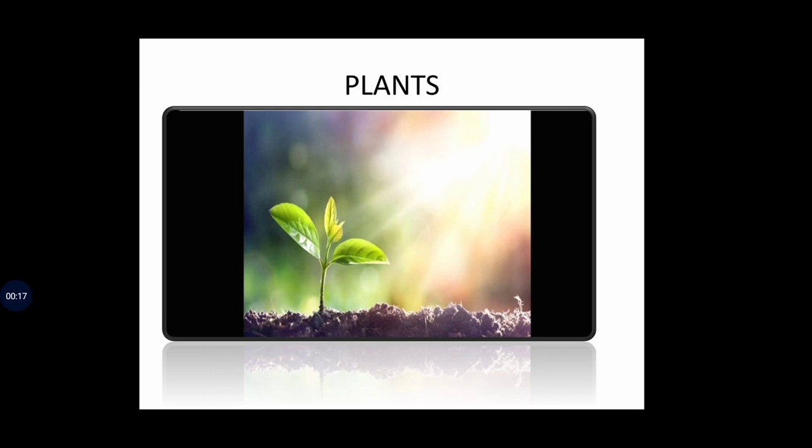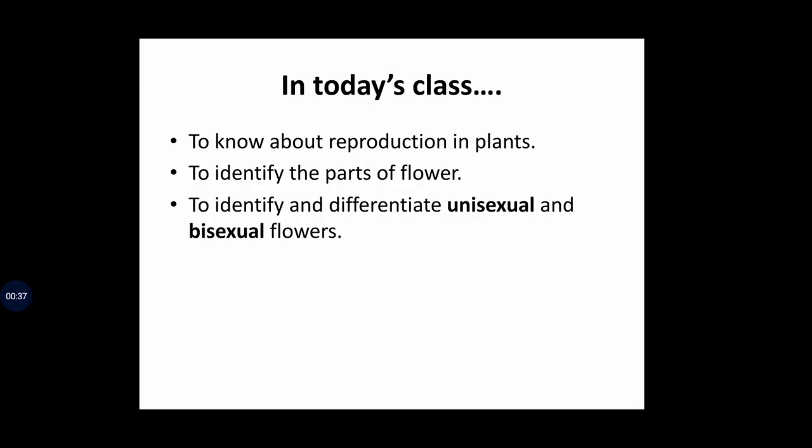So you have seen different parts of the plants as roots, stems and leaves. And you have learned many concepts under shoot system and root system. But in today's class, you are going to learn some interesting facts about plants.